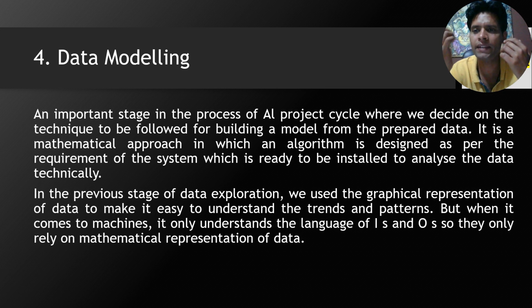That is easy for human beings to understand, but a machine can't work on that. A machine basically requires data in the form of binary numbers. This binary number conversion requires some mathematical logic, some tricks. This is basically called data modeling: just to model your data as per the requirement of the machine, basically converting this data into binary numbers or binary language.